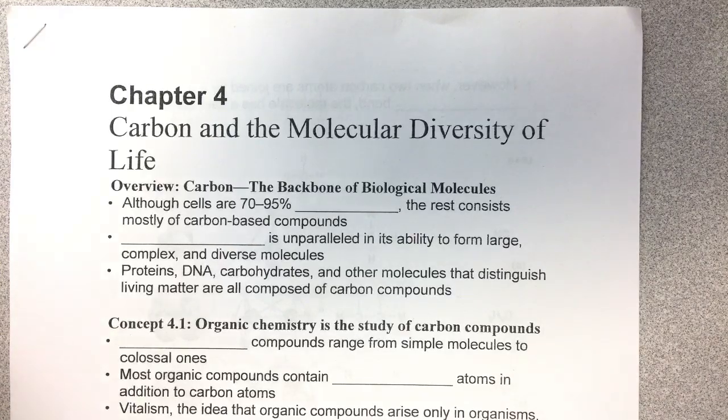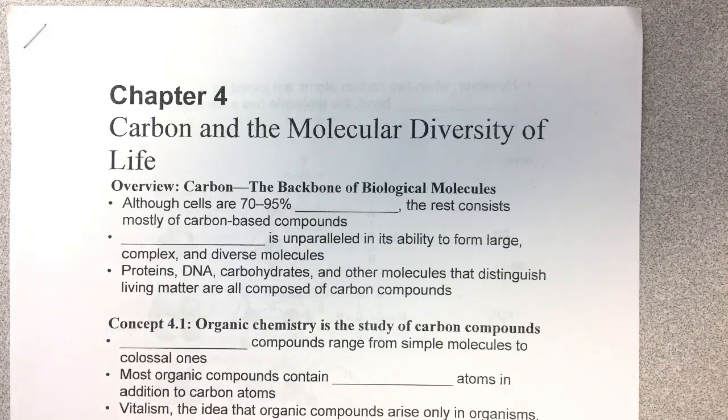Okay, so we just learned a lot about water and the water properties and why water is important to living things. And now we're going to move into chapter 4, which is about carbon, the element carbon. The reason why is because for most of the other compounds that are really important to living things, carbon is the main element or the backbone of that molecule.